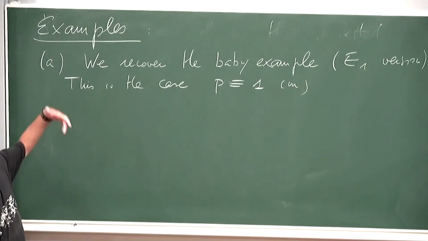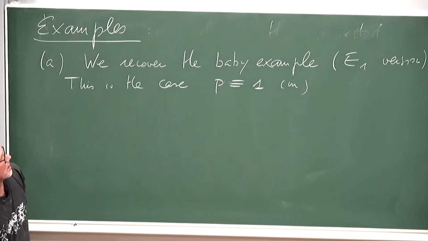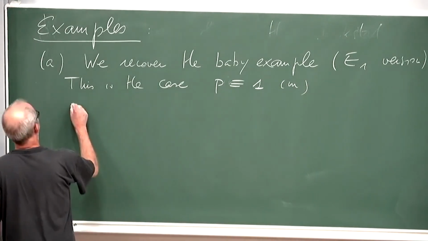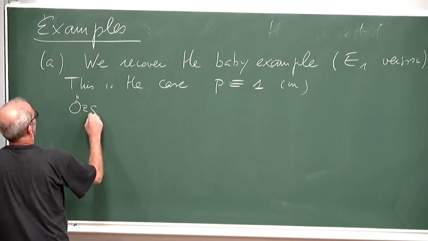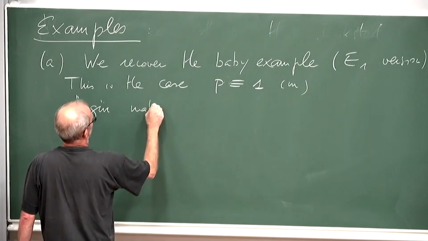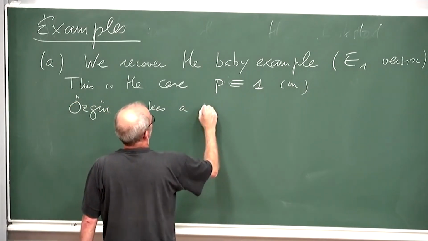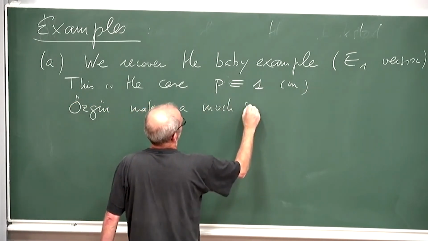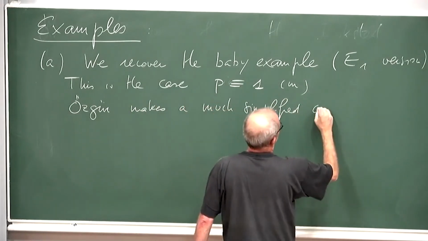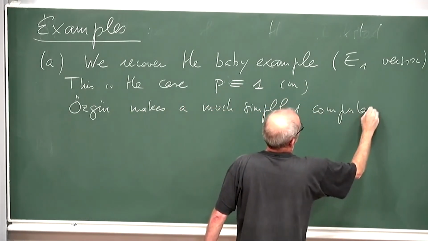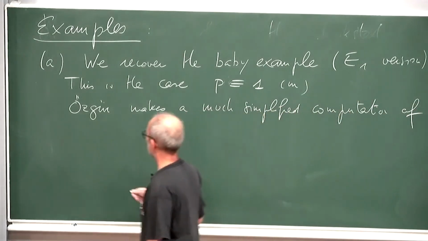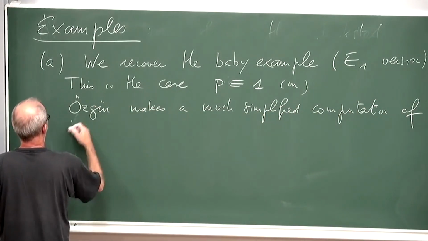So you have actually that TC and K-theory are going to split. And with this, Özgür makes a simplified computation of, let's say, T2.